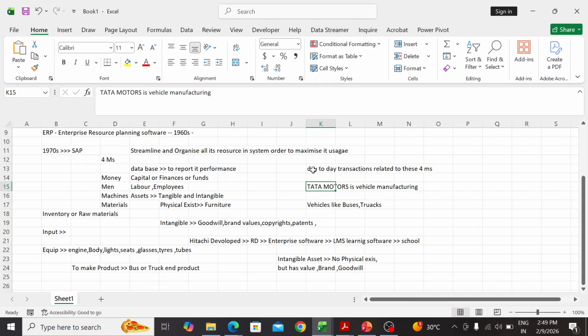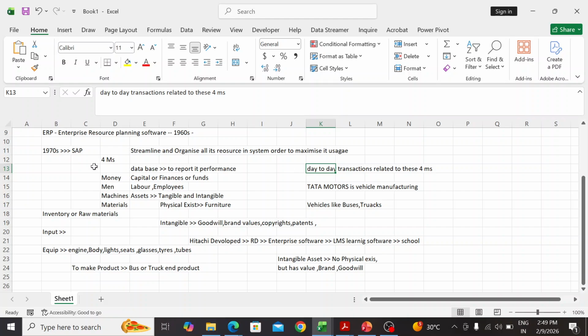Since they are investing money, recruiting people, buying machines and using them, and procuring raw materials to produce a product, they are dealing with all these things.